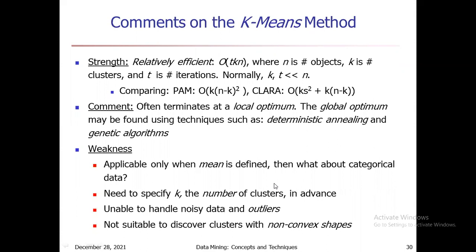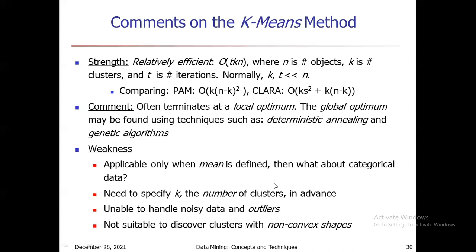What are the weaknesses of this algorithm? It is applicable only when the mean is defined. Only when we can calculate the mean is it applicable; otherwise, we cannot apply the k-means method. So what about categorical data? It is very difficult for categorical data, where the mean is not defined. We need to specify k, the number of clusters, in advance.